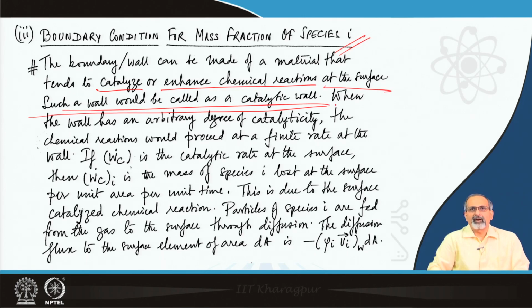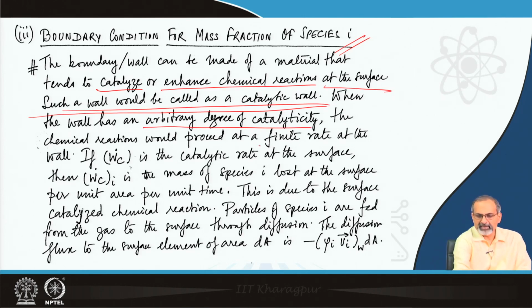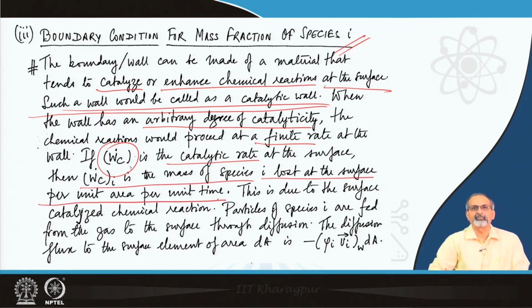When the wall has an arbitrary degree of catalyticity, the chemical reactions would proceed at a finite rate at the wall, and if w dot c is the catalytic rate at the surface, then w dot c i is the mass of species i lost at the surface per unit area per unit time.